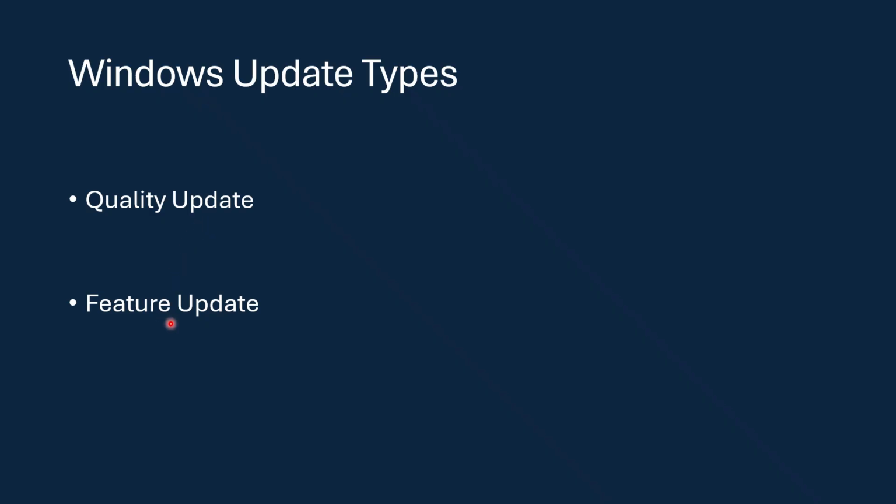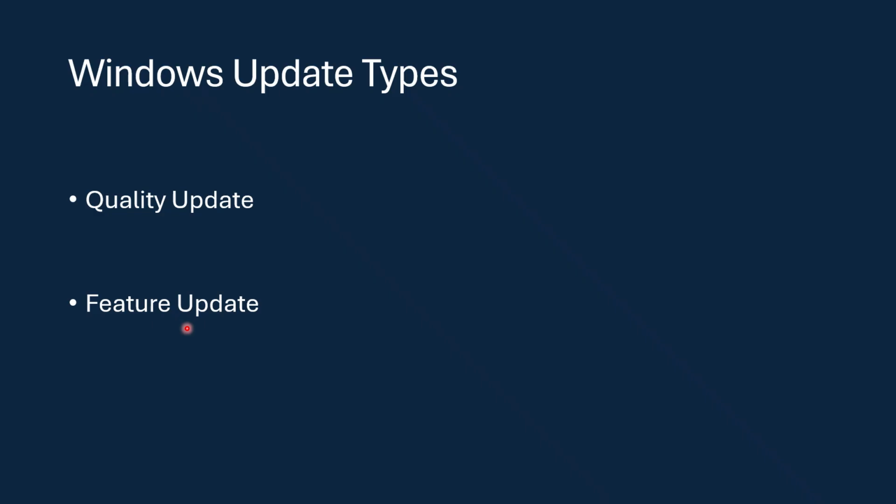Now, the feature update is a very big update, and normally it is released either one time a year or two times a year, and it doesn't install automatically by itself. You, as the user of the computer, have to click a button to install that update, because this is a very big update, to the point that they may add not only fixes for problems or improved performance, but also new applications to your computer.